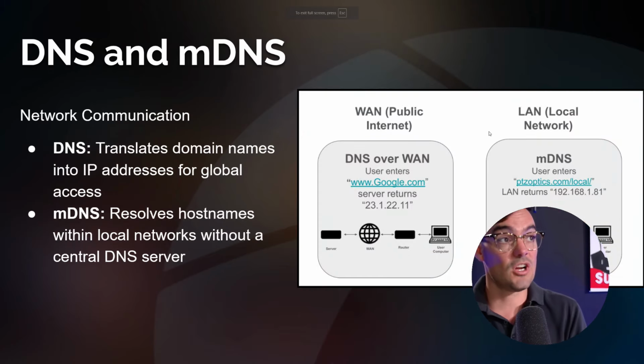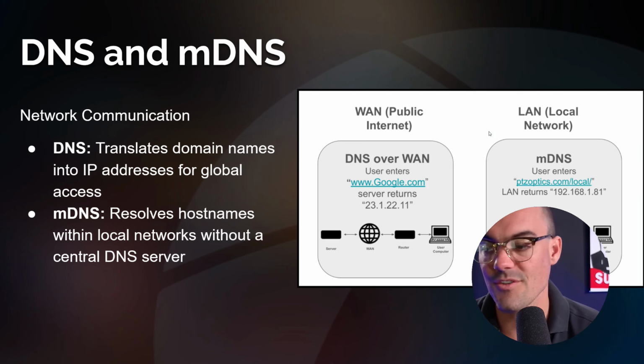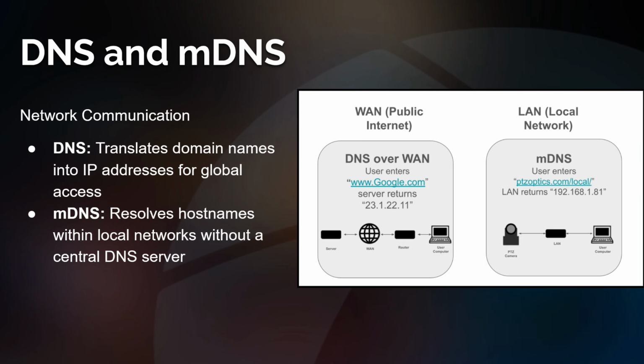Now, something to learn, again kind of the fundamentals here of IP video. On the public internet, we use something called DNS. I believe it's called Domain Name System, but essentially it allows you, when you type in www.google.com, to get back the IP address of the server that is hosting google.com.